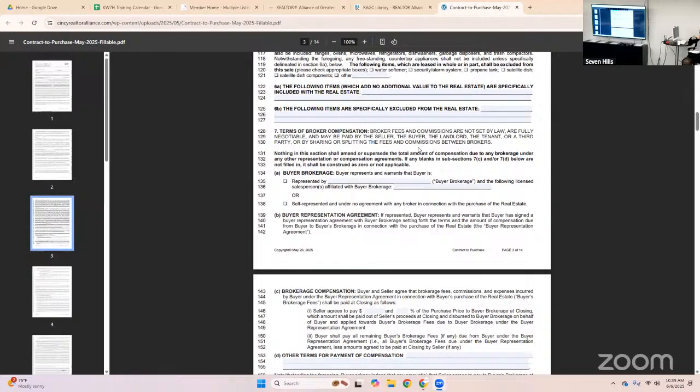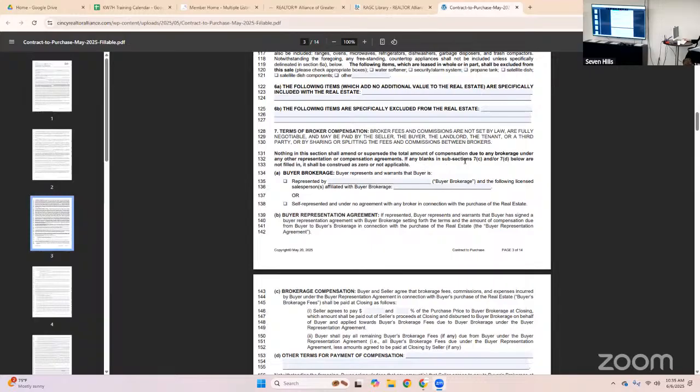Whenever we're looking at terms of broker compensation, broker fees and commissions are not set by law, are fully negotiable, and may be paid by the seller, the broker, the landlord, the tenant, or a third party, or by sharing or splitting the fees and commissions between brokers. Nothing in this section shall amend or supersede the total amount of compensation due the brokerage under any other representation or compensation agreements.